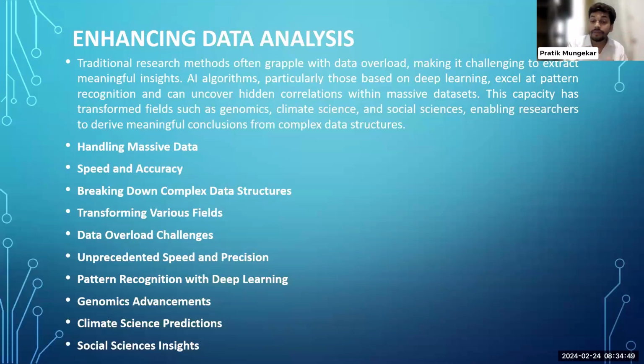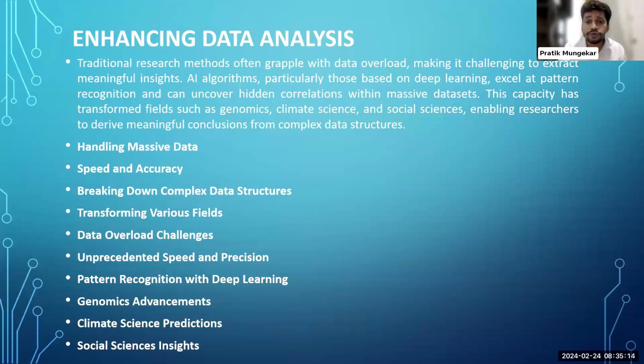So AI algorithms, particularly those based on deep learning, excel at pattern recognition and can uncover hidden correlations within massive data sets. So this capacity has transformed fields such as genomics, climate science, and social sciences, enabling researchers to derive meaningful conclusions from complex data structures.